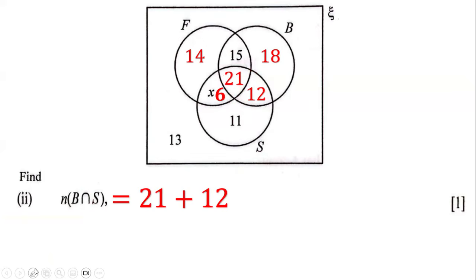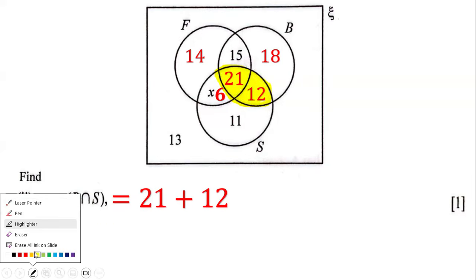Oh, let me use a different color. So let's use this yellow. So B intersect S is going to be this particular portion, right? That's B intersect S. And this is these two, 21 and 12. So that's how we're going to figure out the number of students who are in B intersect S. We're just going to add 21 and 12.